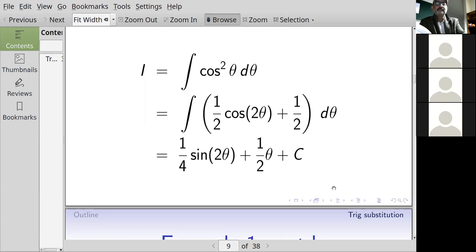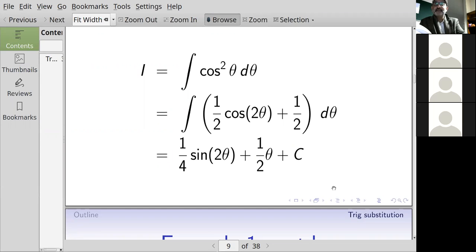So how did we get that? The double angle formula: cos of 2 theta is cos squared theta minus sine squared theta. Okay, so sine squared theta is 1 minus cos squared theta.